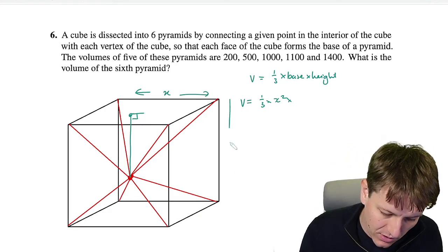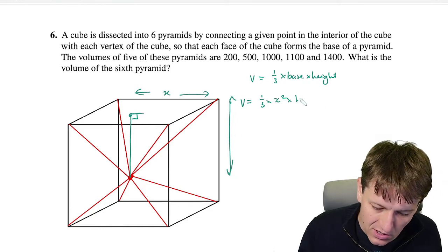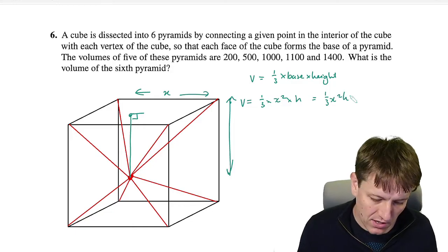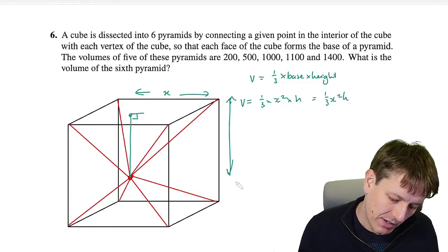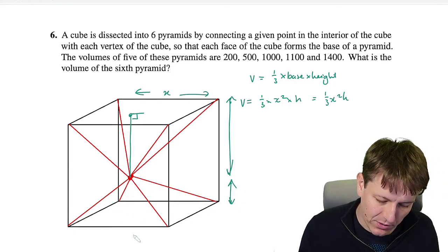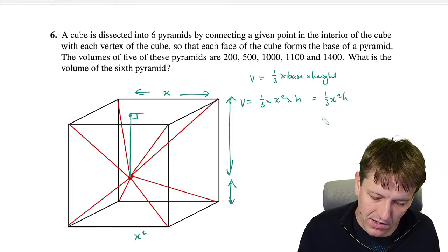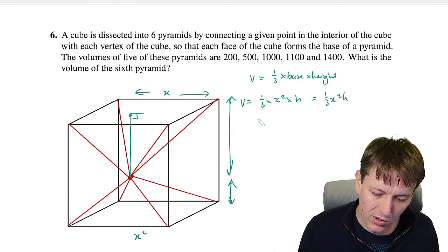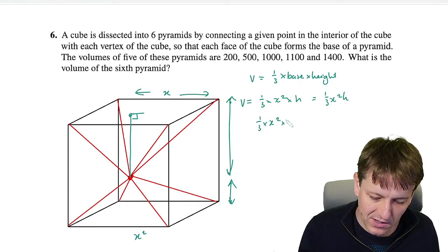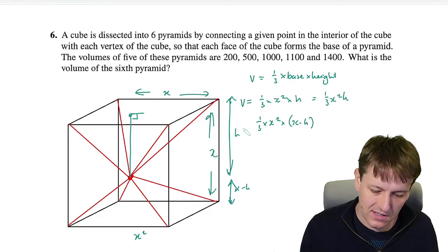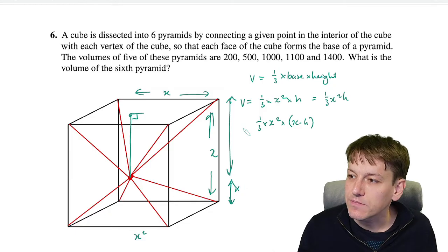So if we just call that distance h, then we get a third x squared h. But then the volume of the bottom pyramid here, well, that would also have x squared as its base area, so it would have a volume of 1/3 times x squared times x minus h, because it's a cube, so this side is also x, and this distance is x minus h if this one is h.